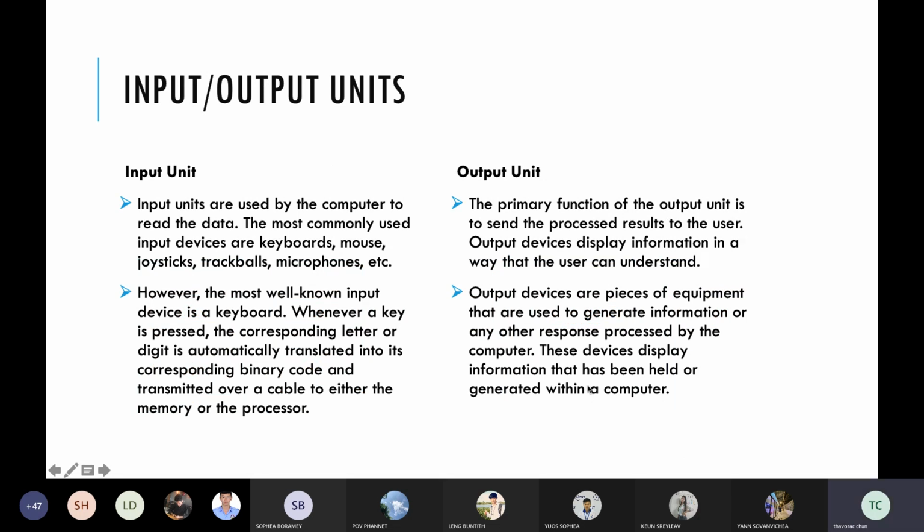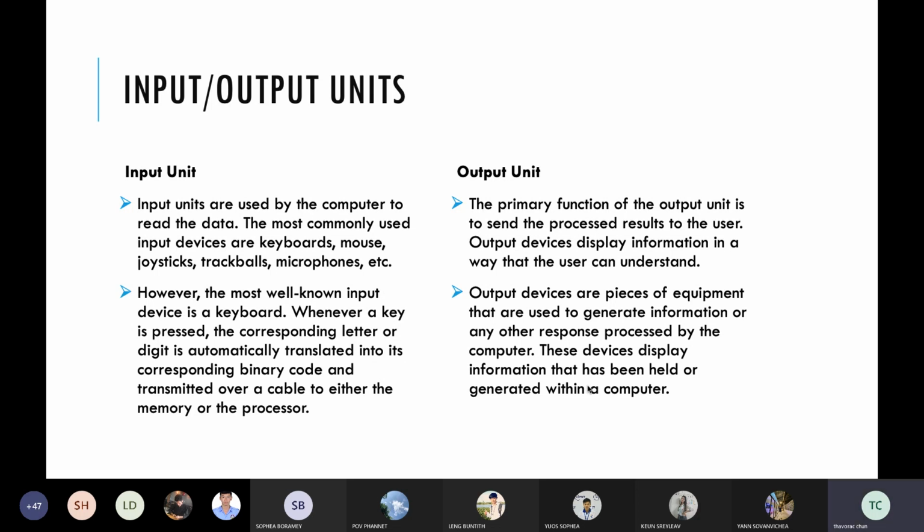So after that, we are talking about the input-output unit. Input-output unit, normally you can just call it peripheral. It is some external device that connects together with the computer. But normally inside a computer, there is a module called input-output module, which is used as a middleware between the external device and the computer inside.